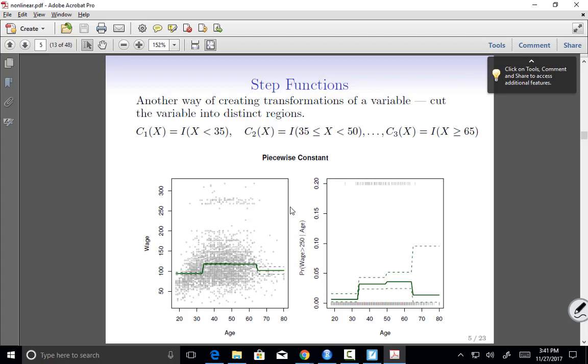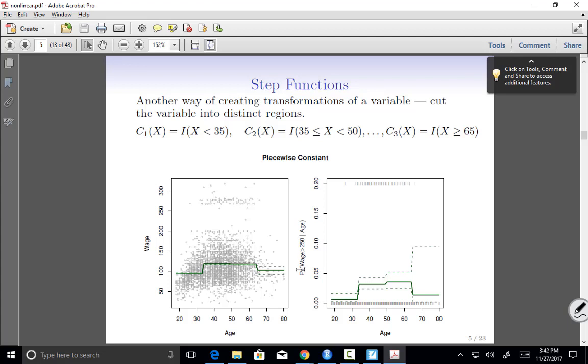You can see that the fitted, quote, curve takes a fixed constant value over one bin, then it jumps to another fixed constant value over this middle bin, and then jumps down to yet another value in the last bin. Step functions are the most flexible, the least restricted of all of these methods we're considering for nonlinearity.